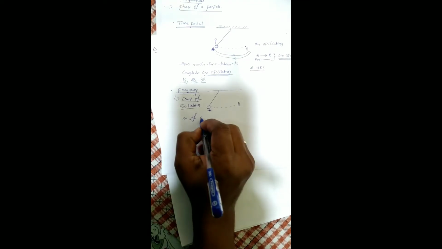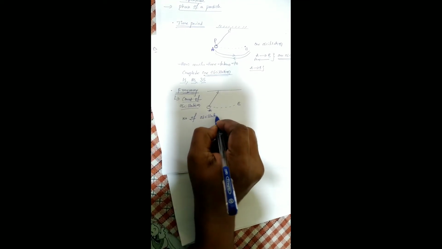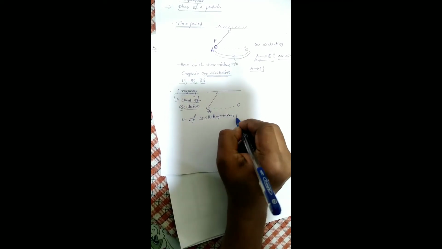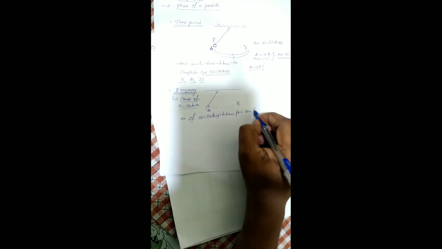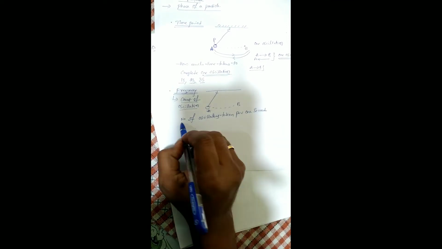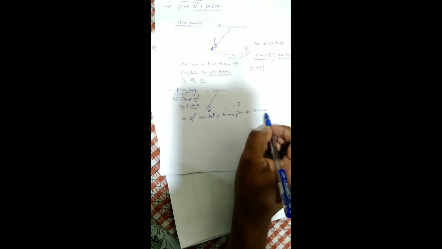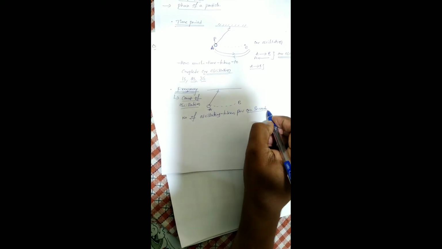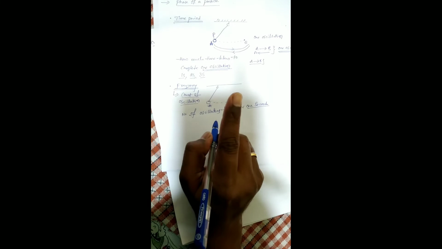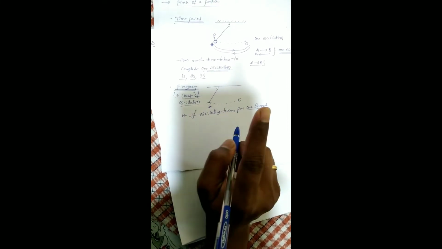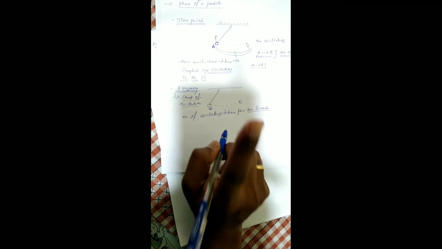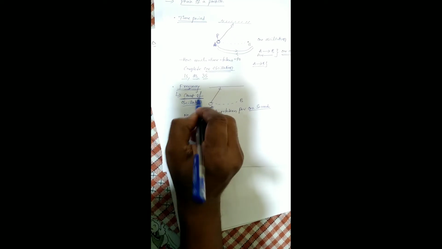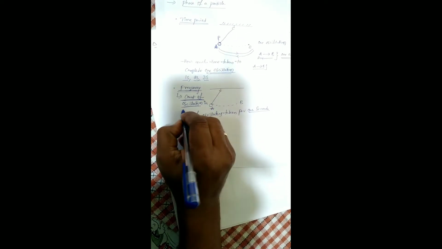Number of oscillations taken for 1 second means, within 1 second, how many oscillations take place? That represents the count of oscillations in 1 second.